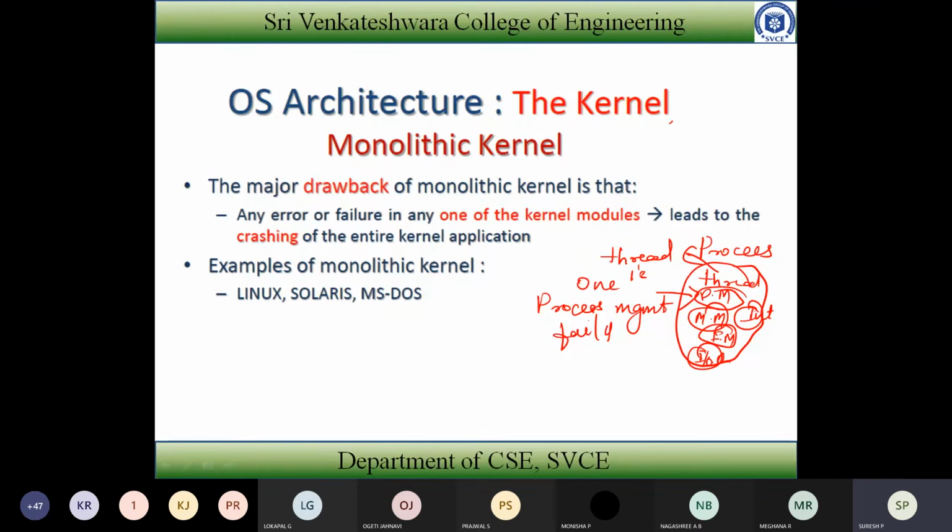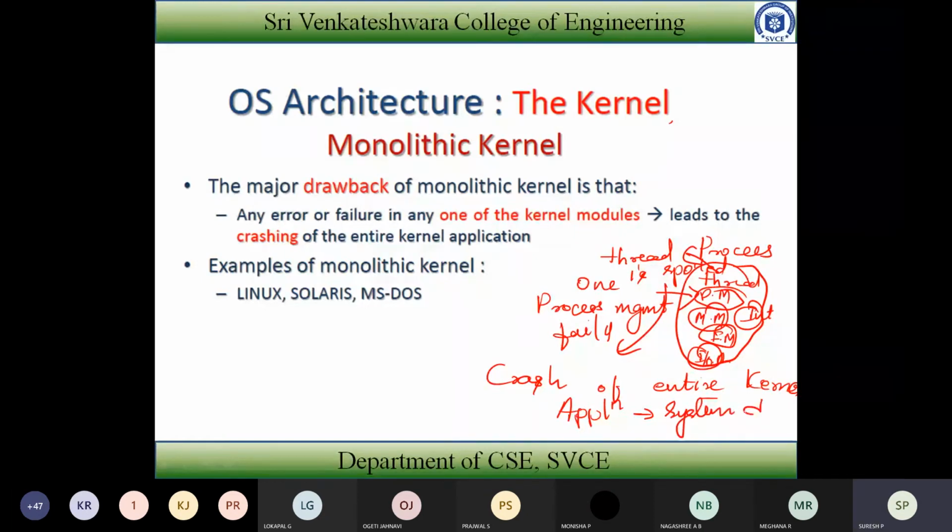You are going to have a crash of the entire kernel application, and your system goes down. That's why sometimes you say my system got hanged. What do you mean by that?